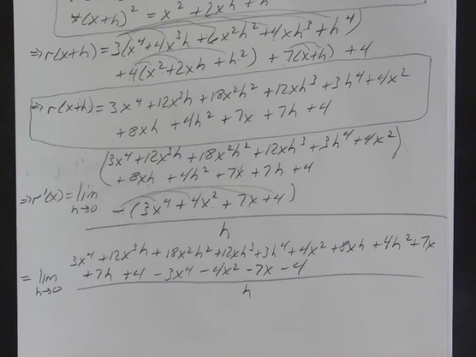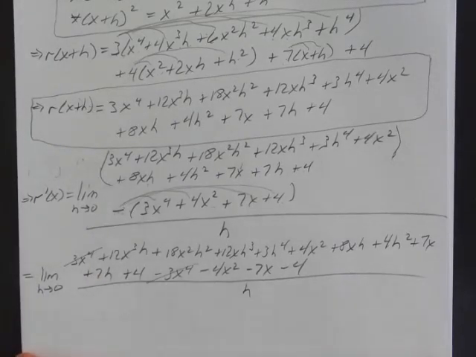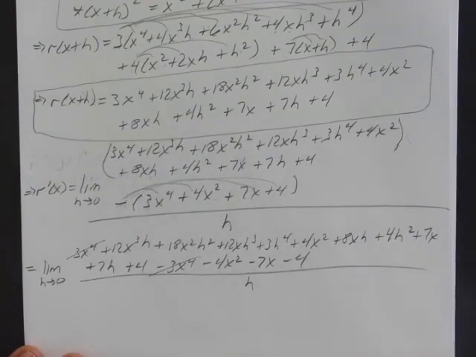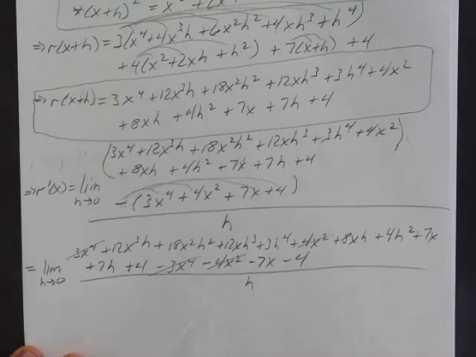So as you can see, these can get really, really long, really fast. But the good news is, after this step, things should start canceling out. So if you notice here, you have 3x to the fourth, negative 3x to the fourth. You have 4x squared minus 4x squared.